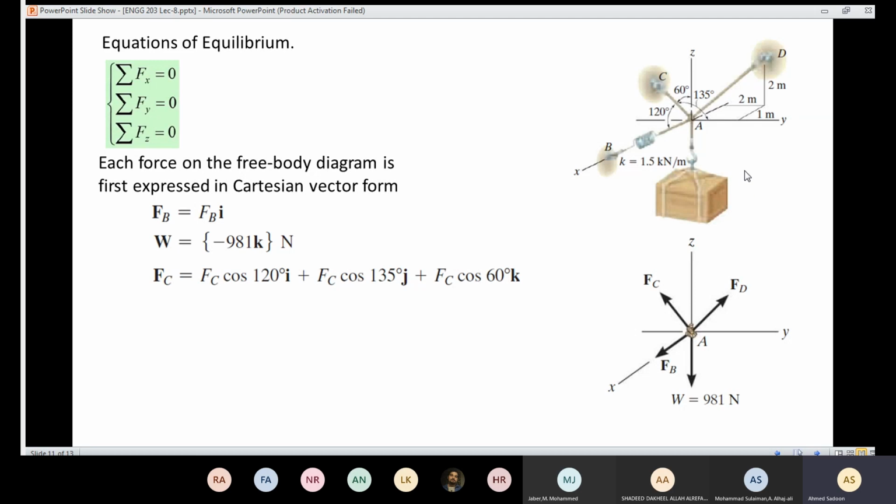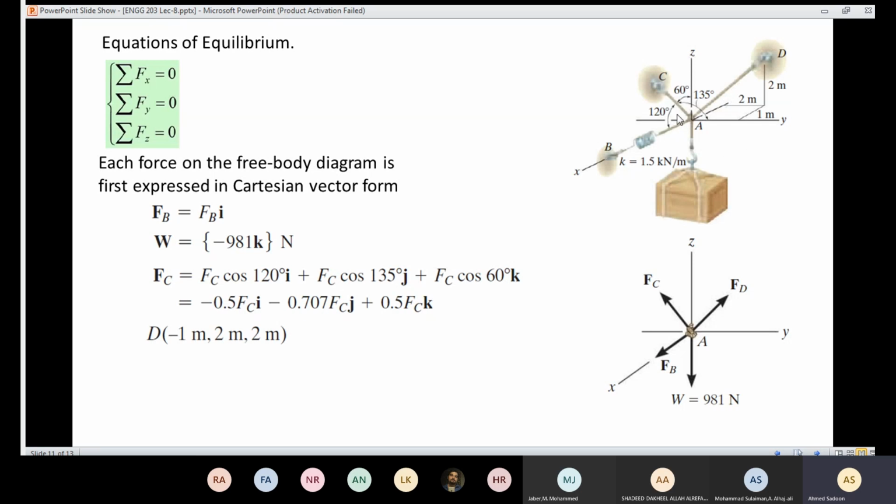We use the position vector, convert it to a unit vector by dividing by its magnitude, and then multiply by the magnitude of the force to have a force vector.